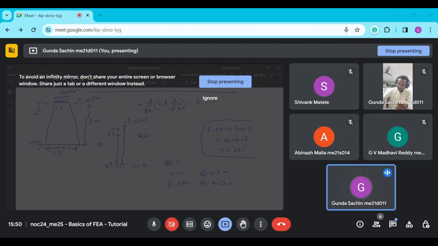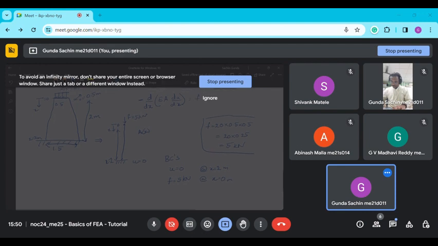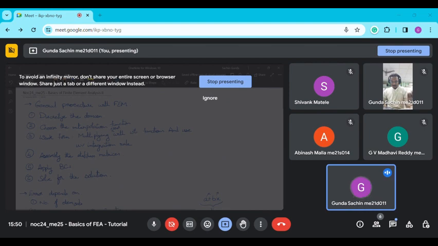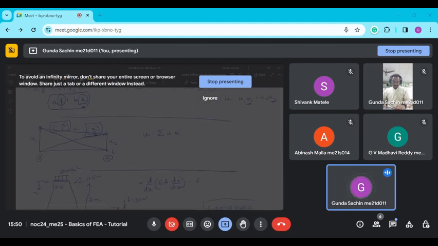So once you do this, the whole problem is well defined. You have the differential equation ready, you know what the domain is, and you know what the boundary conditions are. Is it clear till now? Okay. So once these things are ready, now we can use the steps mentioned in the course.